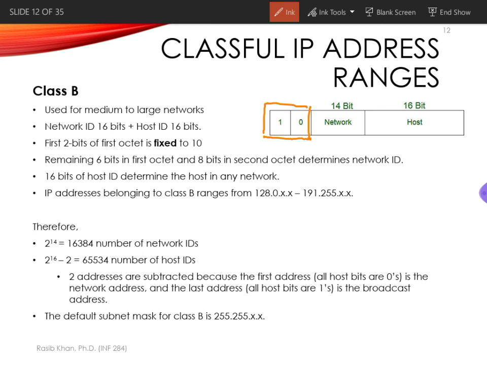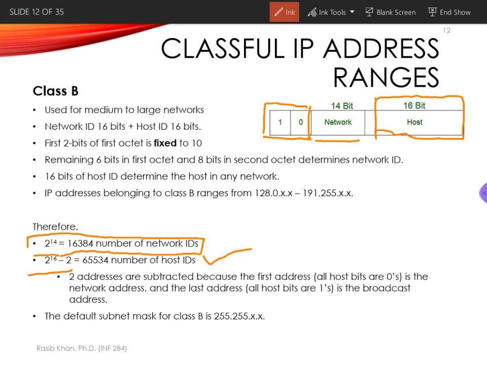Therefore, we only have a remaining 14 bits to play with and generate multiple different network IDs, which means that there are a total of 2 to the power 14 different network IDs that we can create. And the remaining 16 bits result in 2 to the power 16 minus 2 host IDs that we can generate.